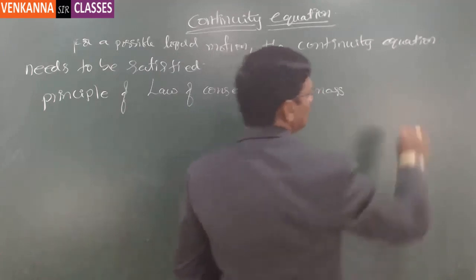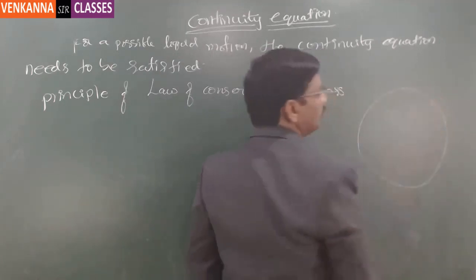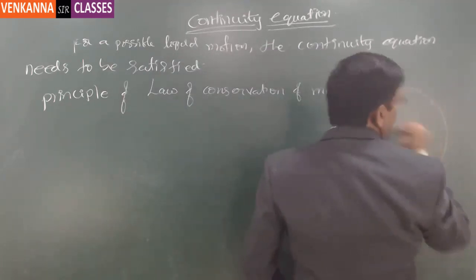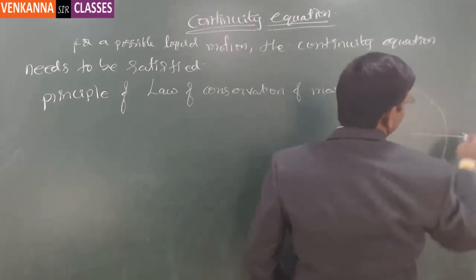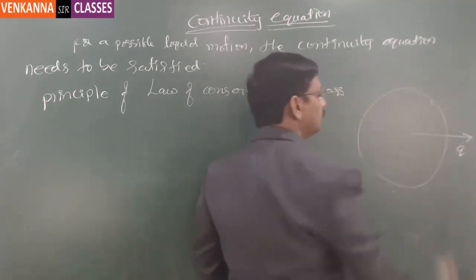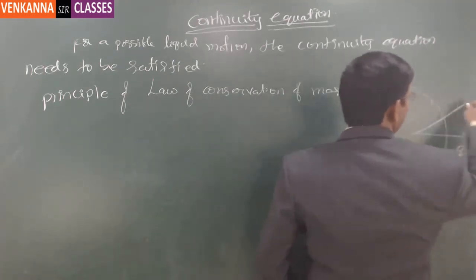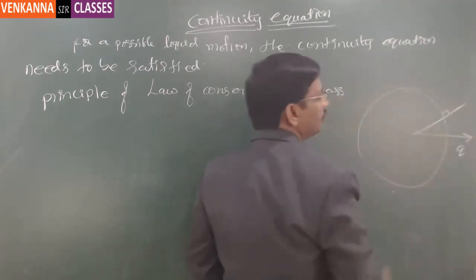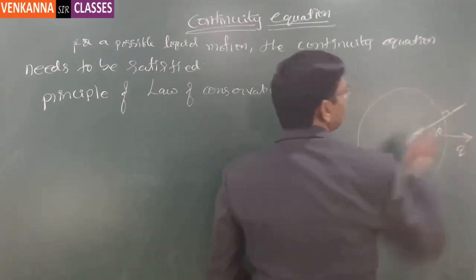Suppose there is a closed volume like this, and the fluid flow is going out. This is Q. Let us say the normal at any instant is this one, and this is the angle theta.